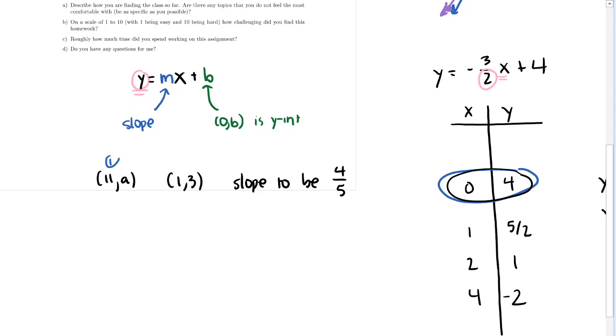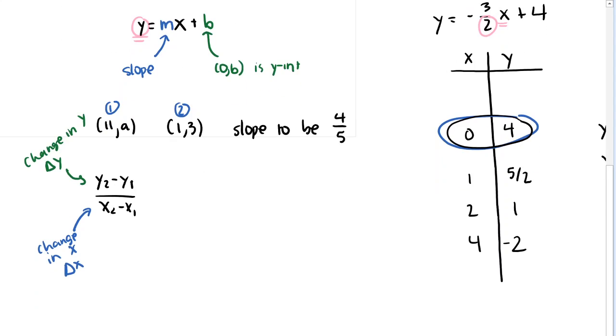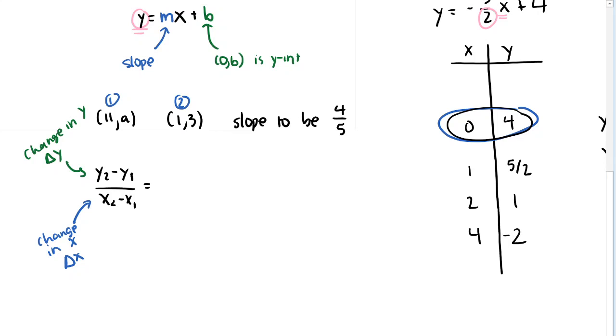If I call this my first point and this my second point, we go through this formula: y2 minus y1 over x2 minus x1, where this comes from the change in y, delta y, divided by the change in x, to get from one point to the other. Well, in this case, if I'm going to start at a y value of a and go to a y value of 3, this difference would be 3 minus a.